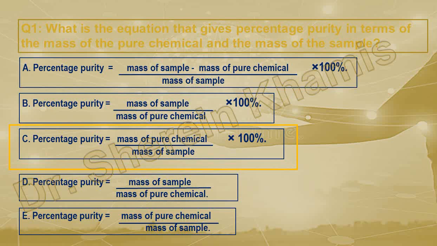This is the first rule that we take in our chapter: percentage purity equals mass of pure chemical substance divided by mass of sample as a whole times 100.